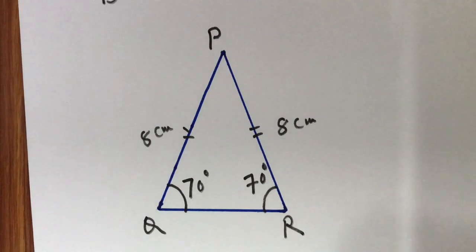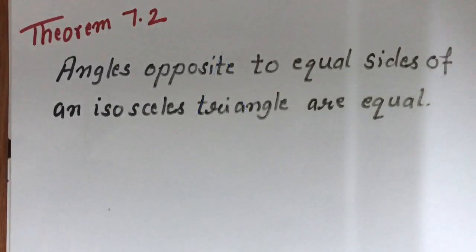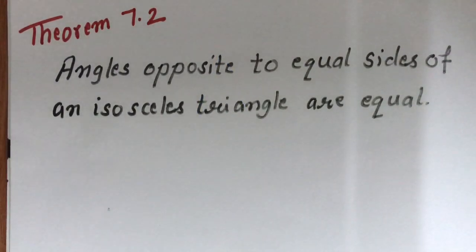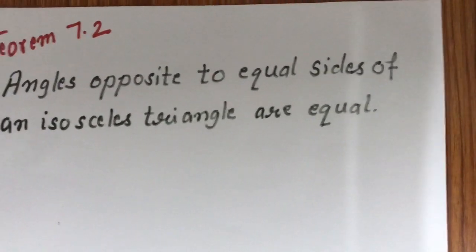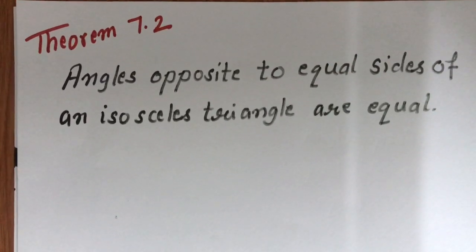Understand? Now children, I am going to prove it as a theorem. Children, we have just performed by an activity that angles opposite to equal sides of an isosceles triangle are equal.